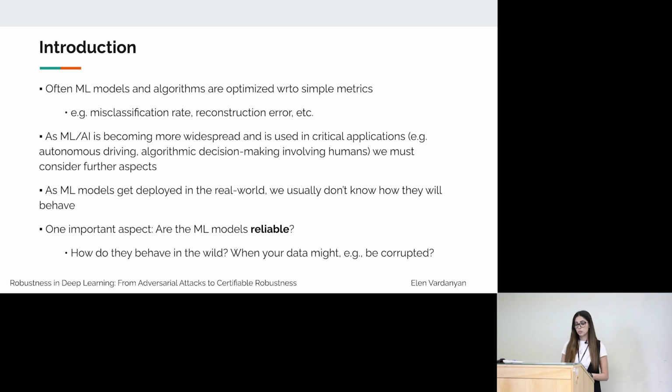So in these cases, we do actually care about not just the correctness, but also the robustness of the models, because when these algorithms get deployed into the real world, we usually don't know how they will behave when they're given actual real data in the real world.